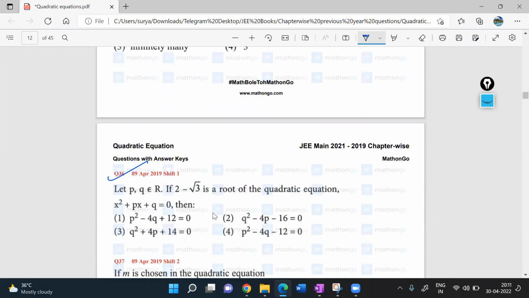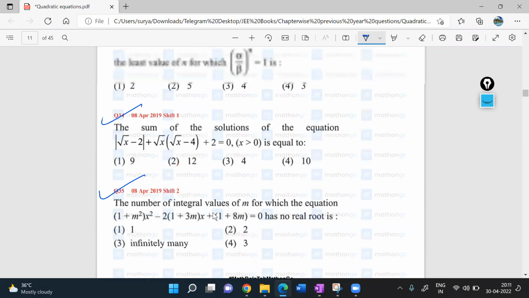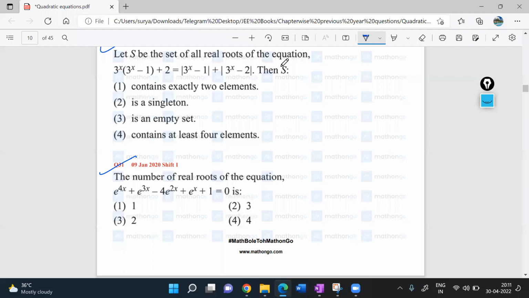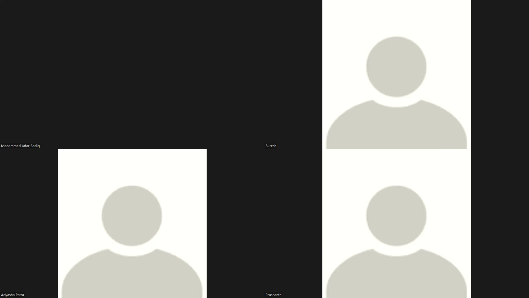Okay, till 36. Till 36 you solve it. 27 to 36 is the homework.